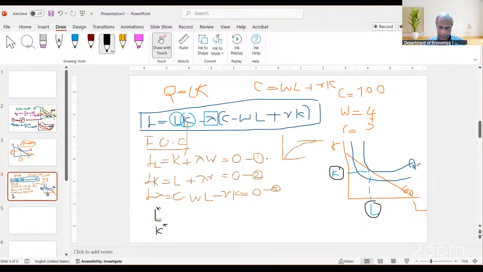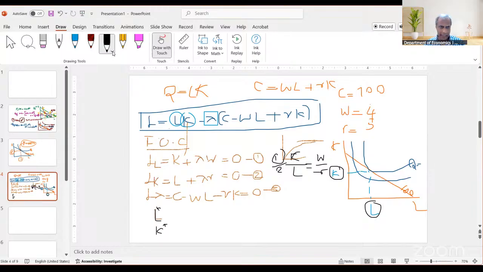Now the first thing you can do is, if you divide the first equation by the second equation, you get the answer K divided by L equal W divided by R. So that's what you get here.